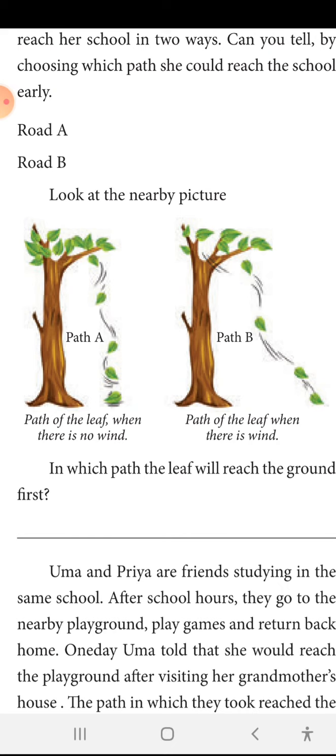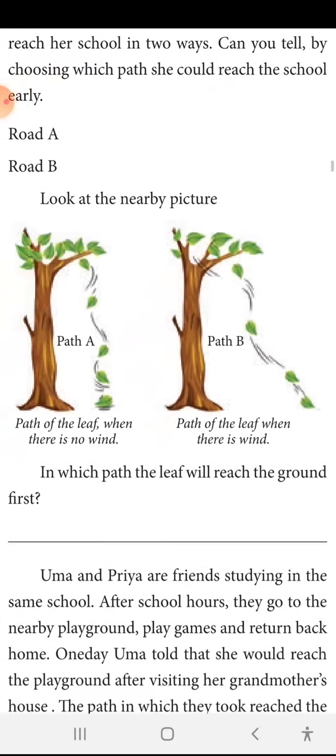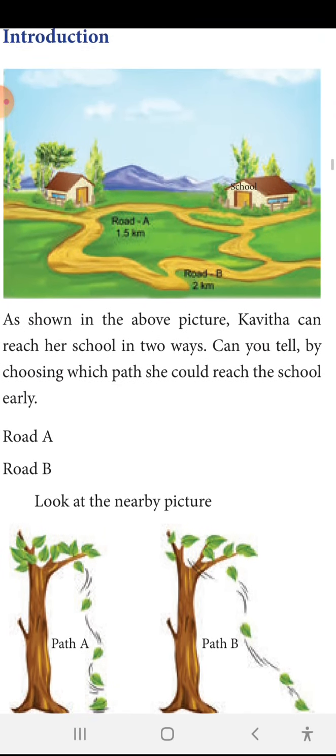The distance between the bottom of the tree and the heap of fallen leaves is very short when there is no wind. The wind is a force, isn't it? Then the distance between the bottom of the tree and the fallen leaves is more when the force, wind, is there. So force makes the difference in distance. This is what your second picture shows.